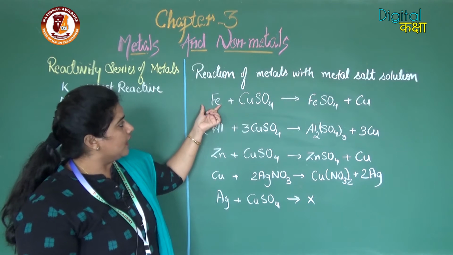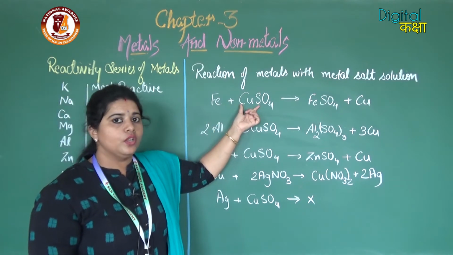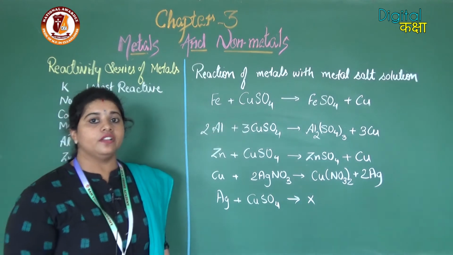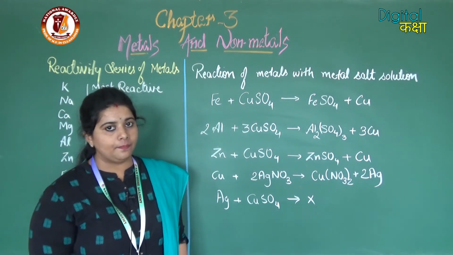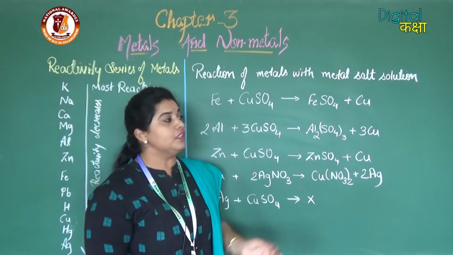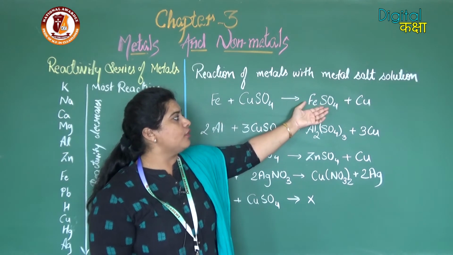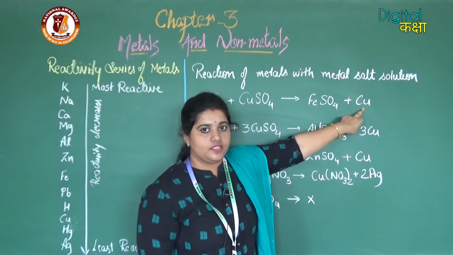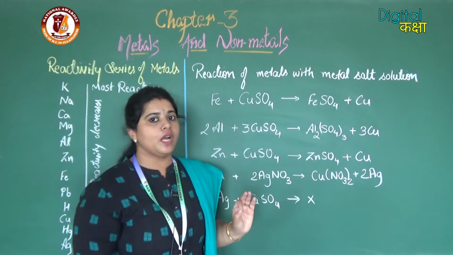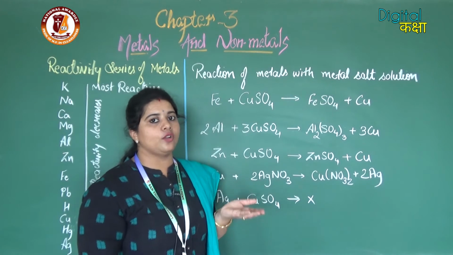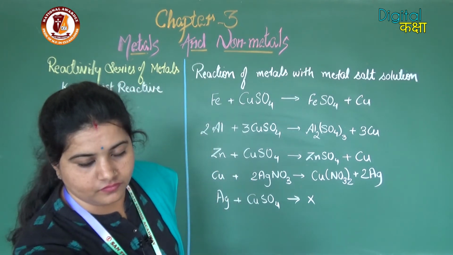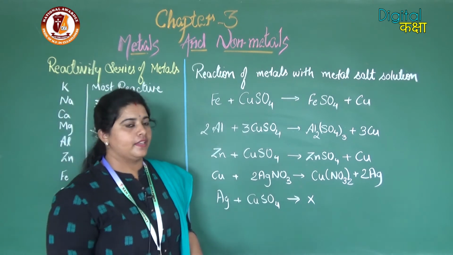When you add the iron nails in copper sulfate, you will see that the blue color of copper sulfate will fade away after some time. The solution will become green in color because of the formation of iron sulfate, and copper gets released. This copper forms a brown layer on the iron nail. Like this.